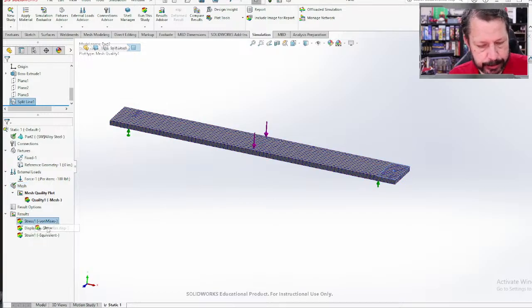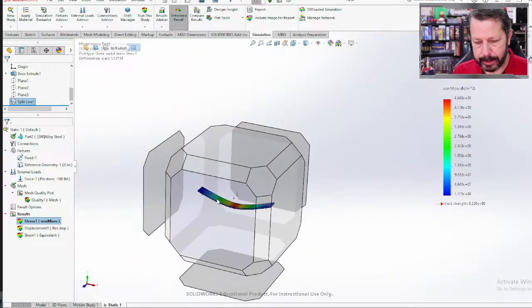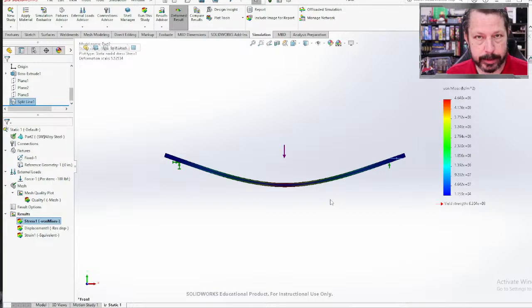Our stress plot here is also showing us our displacement. Now, our deformation scale up here is 5.5. That means that this shape is 5 times greater than what is predicted to really happen.